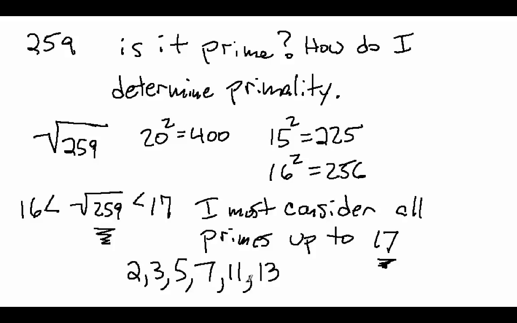These are the only primes that are between 1 and 17. To determine if this is a prime number or not, I have to determine whether any one of these divides 259. If one of these divides 259, clearly this is not a prime number. But if none of these divide 259, then I could conclude that 259 is a prime number.